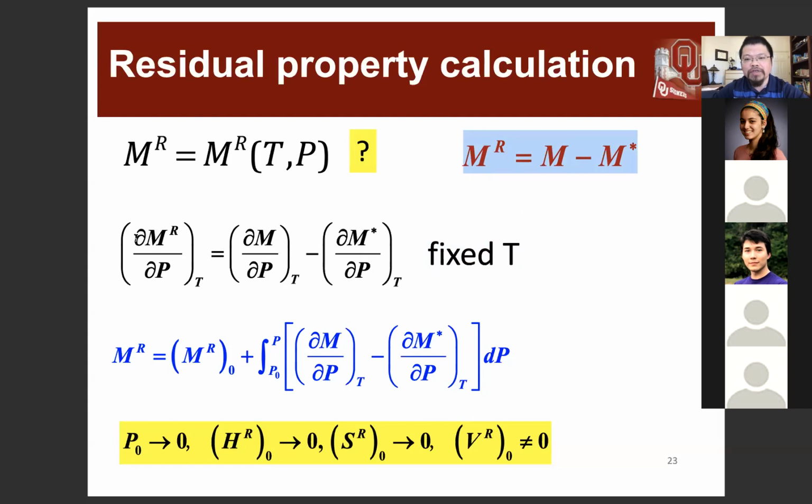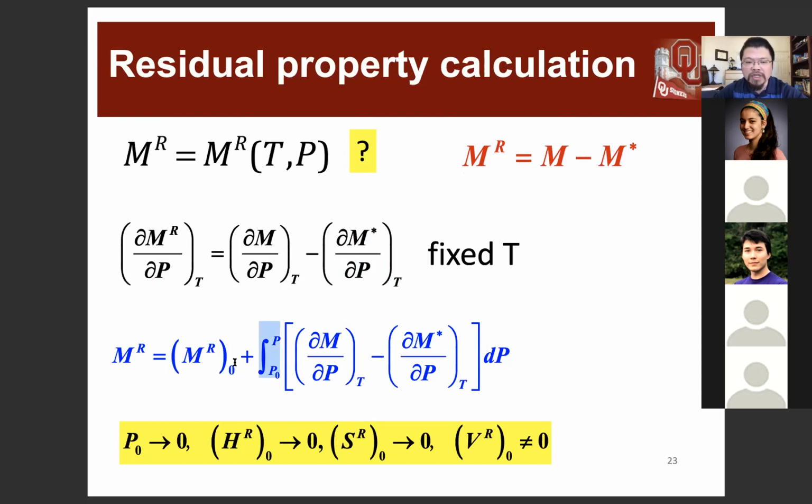So we have the partial derivative of M over P, keeping temperature fixed, and the ideal gas behavior derivative of M star over P at that fixed temperature. Because we are looking at the pressure dependence, if we are moving from P naught to P, then on both sides we evaluate their values.